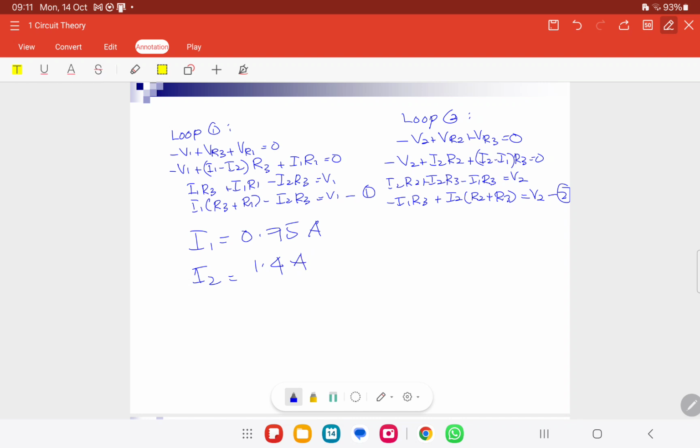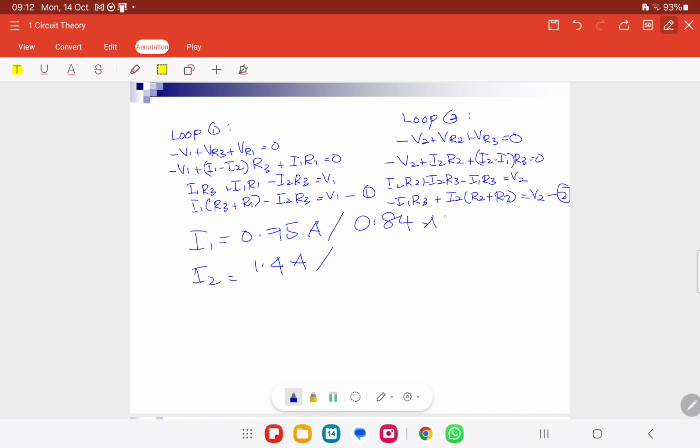Sama, yang lain sama tak? Sama ke? Macam lain sikit dengan saya punya ni. Berapa? Yang pakai spek ni berapa? Tudung putih? Saya dapat I1 0.84.